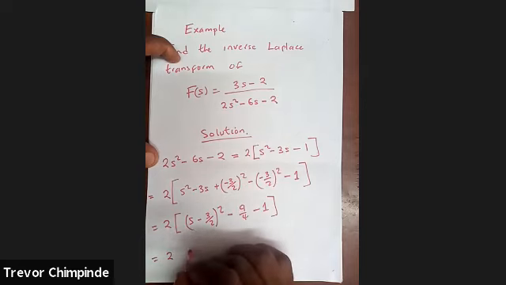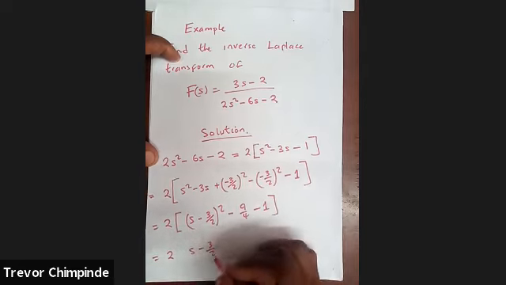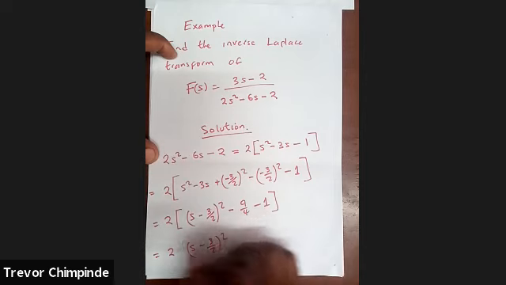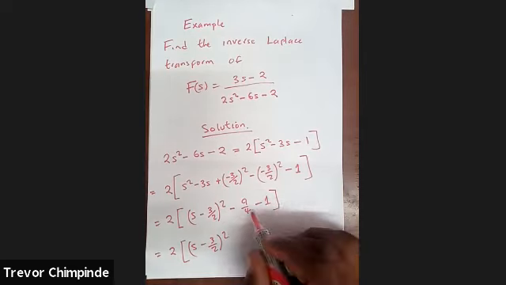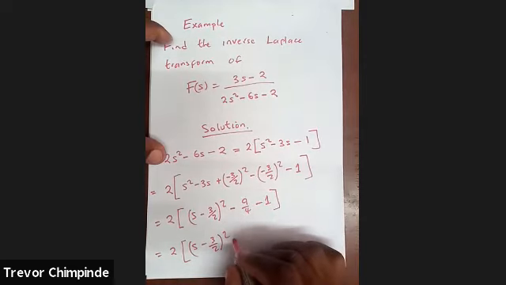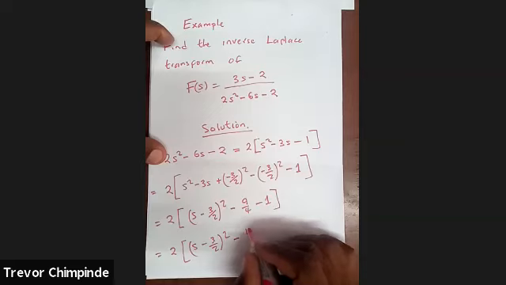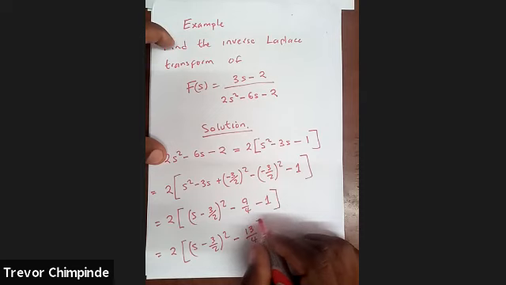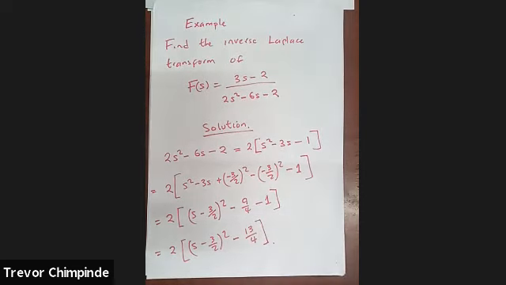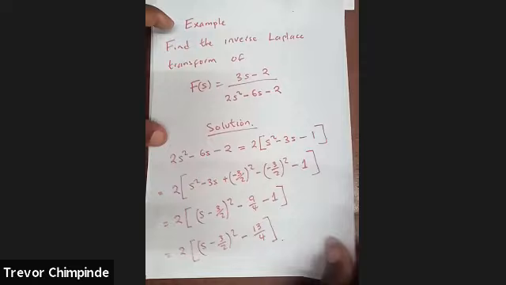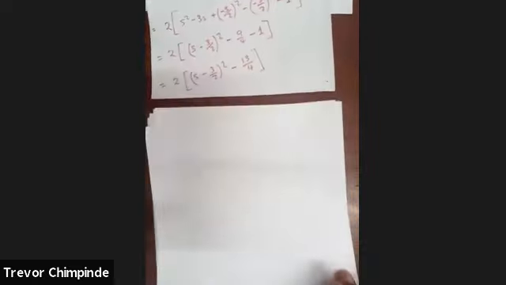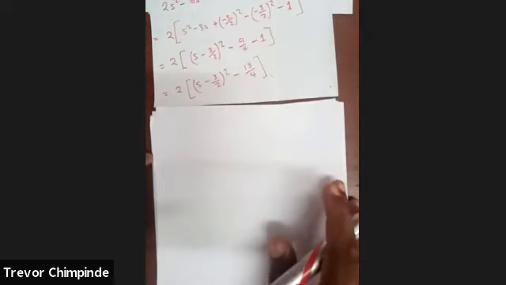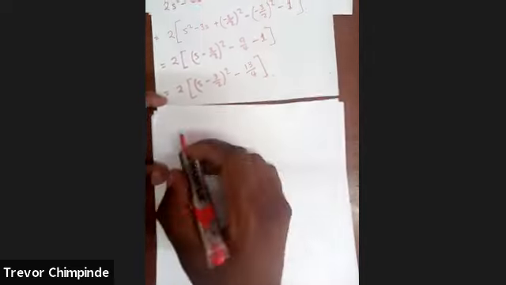So this is 2[(s minus 3/2)² minus 9/4 minus 1]. -9/4 minus 1 will be -13/4. So that's my denominator. If my denominator is like that, then it gives me an idea of what I should do to my numerator.